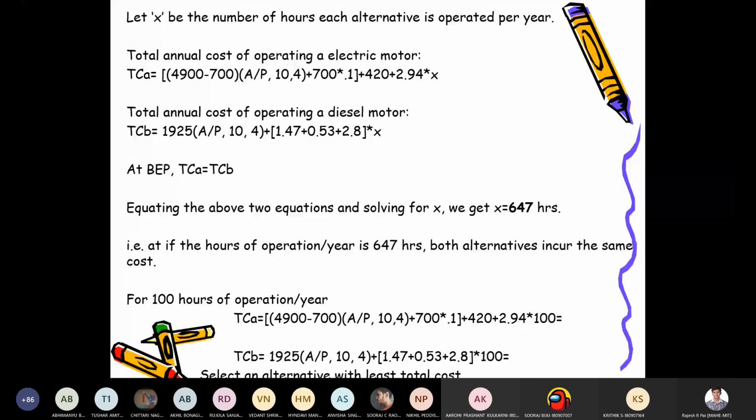Substituting x as 100 in the equations for electric motor and diesel motor, we get the total cost values. Depending upon the values, we find the effective alternative. Select the alternative with the least total cost.